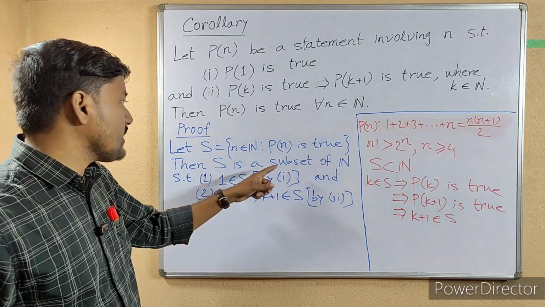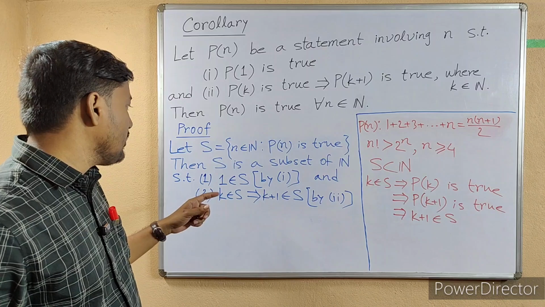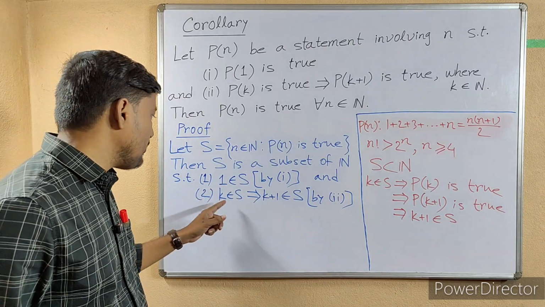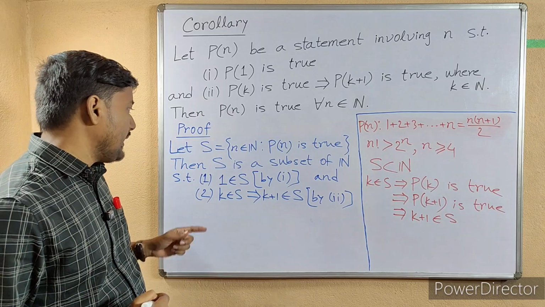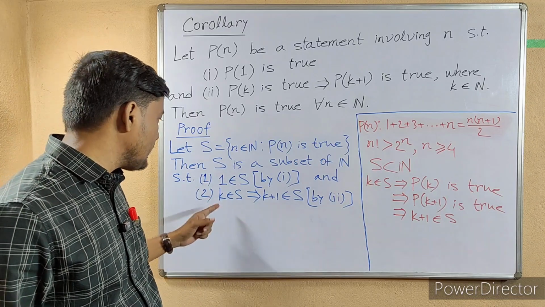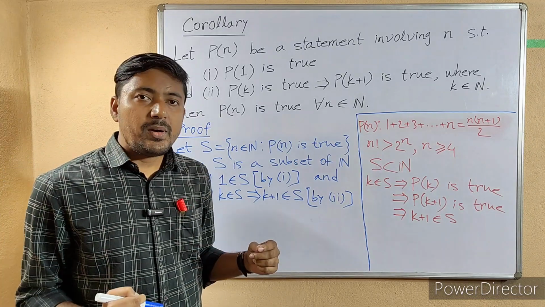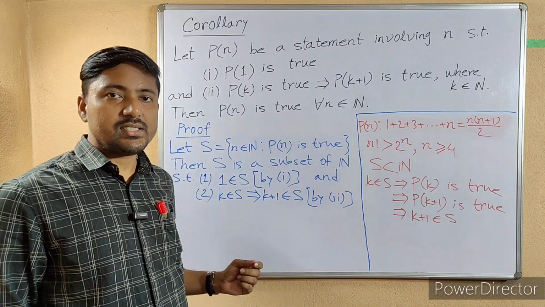Thus, S is a subset of N such that 1 belongs to S and k belongs to S implies k plus 1 belongs to S. Clearly, S satisfies the two conditions of the first form of the principle of mathematical induction.